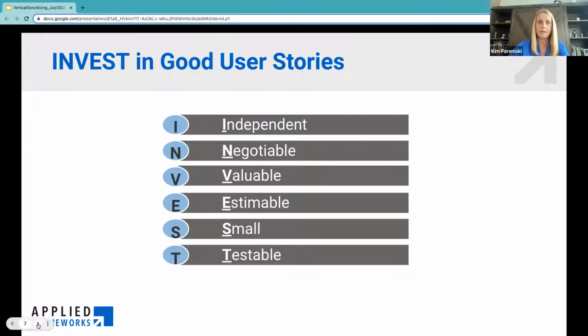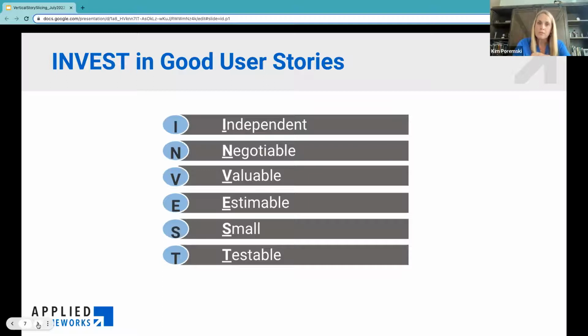Independent is an important concept. When I mentioned before that sometimes there's a lot of interconnectedness, we want to be able to create small slivers of functionality that are independent in nature. Now, these pieces of functionality might be very small and you might need 5 or 6 pieces all put together to create something that ultimately you could launch into production for someone to use, but each sliver can live on its own.